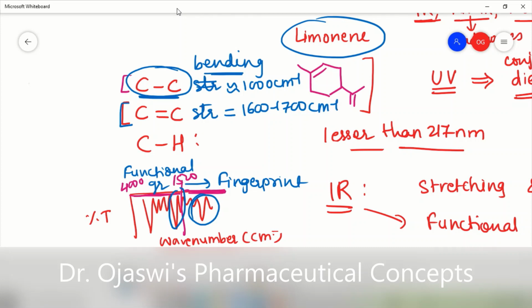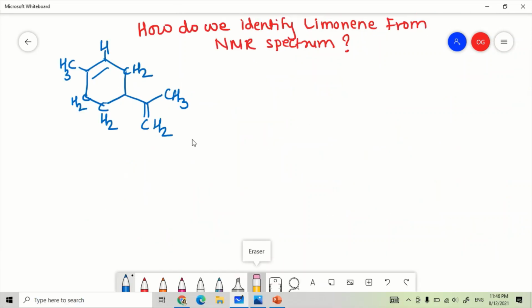And then what remains in limonene is the CH bond, which is usually the CH stretching around 3000 centimeter inverse. To be very precise, it could be from 2900 to 3010 centimeter inverse.